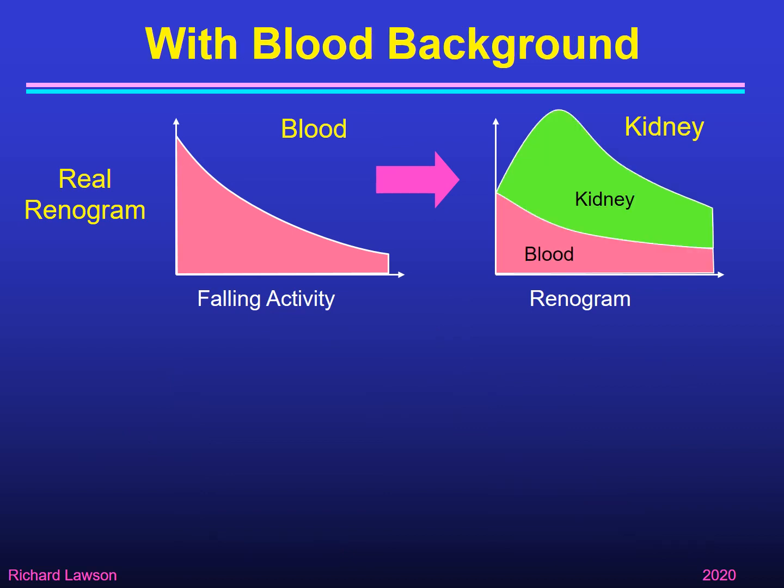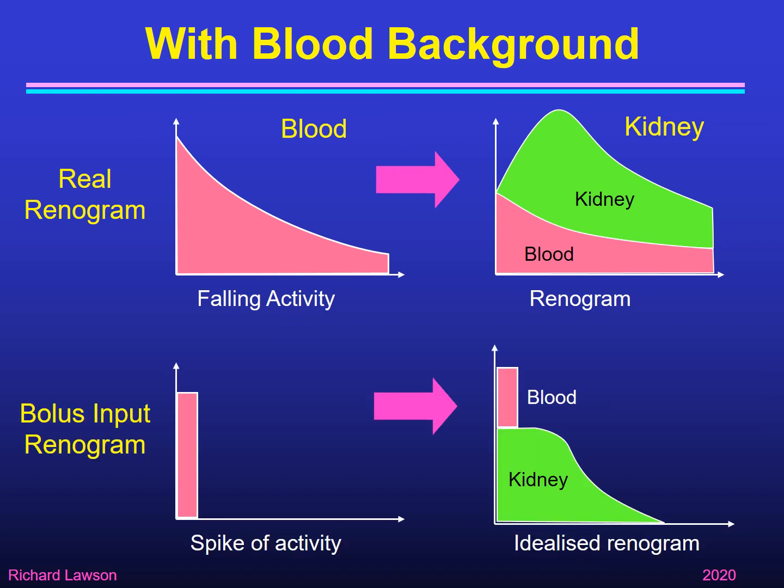If we consider the same situation with background, then we get blood activity that's falling with time, and the blood background on the renogram is also falling with time, and the renogram sits superimposed on that, so the renogram is even more complicated to interpret. If we did the same thing with our bolus injection, we'd now get our blood activity as just being the spike of activity. The idealized renogram is still the same response in the kidney, but the blood background is now a spike at the beginning, because that's all that the blood activity was.